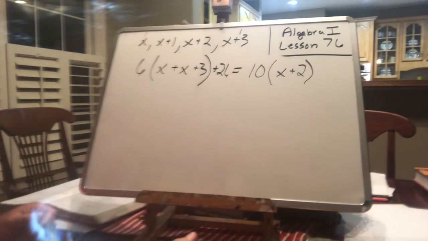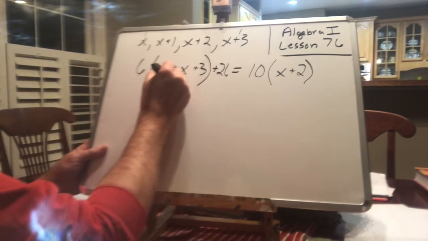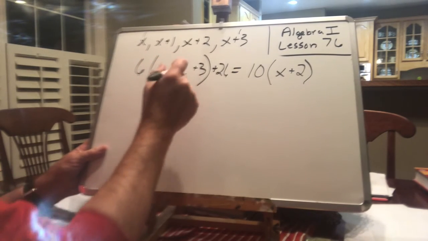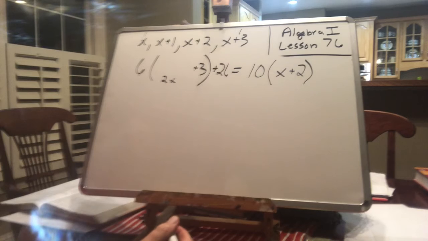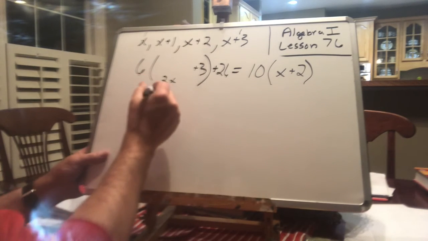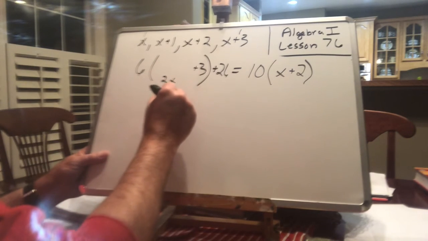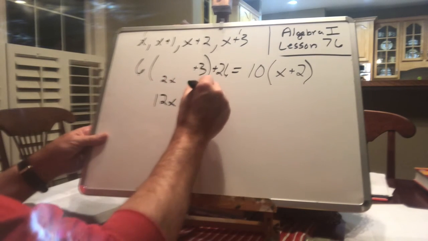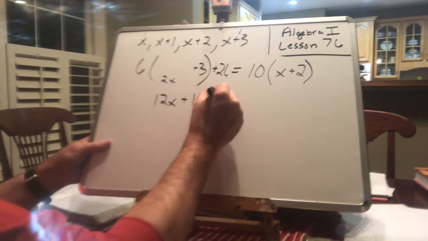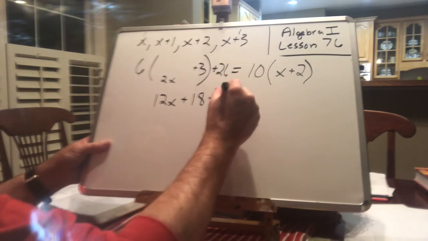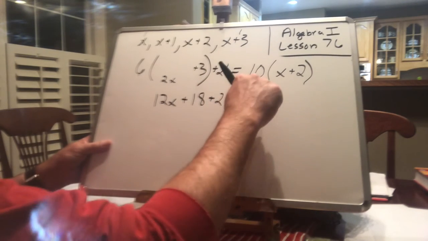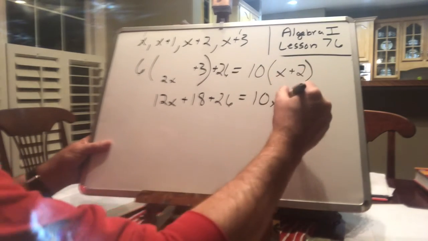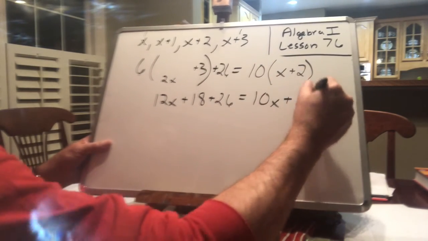Okay, I can add my like terms. That's going to be a 2x plus 3. Now I can do my distributive property. 6 times 2x is going to be 12x, plus 6 times 3 is 18, plus 26 equals 10 times x is 10x. 10 times 2 is plus 20.